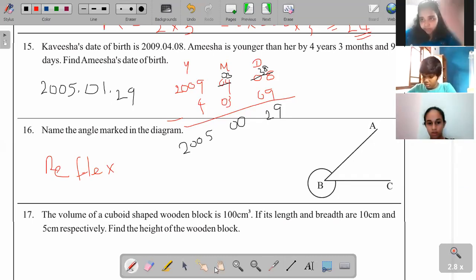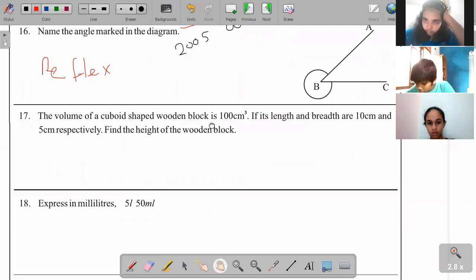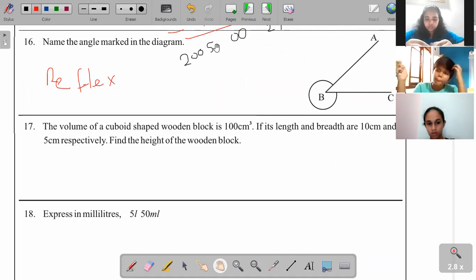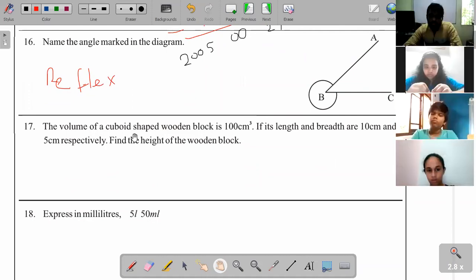Right. Then we can go to the next question, number 17. The volume of a cuboid shaped wooden plank is 100 cubic centimeters. Right? What is the type? Cuboid shape.